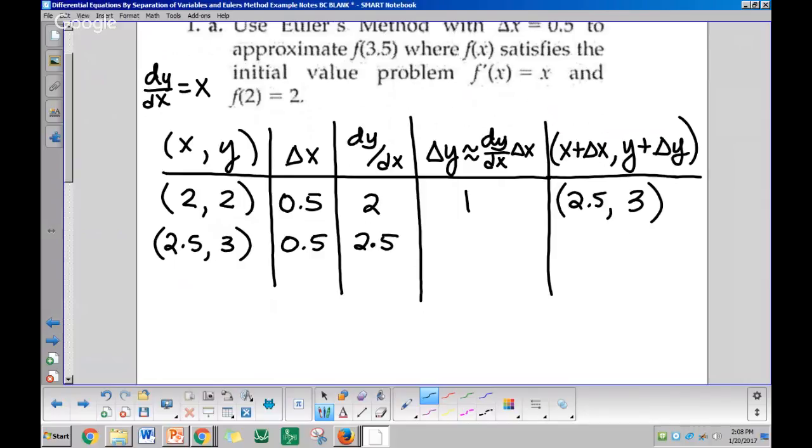And now I'm going to approximate the change in y by multiplying these two together, which is 2.5 times 0.5, which is 1.25. So my new point is going to be, I add 0.5 to the x, which is 3, and then I'm going to add 1.25 to 3 and get 4.25.